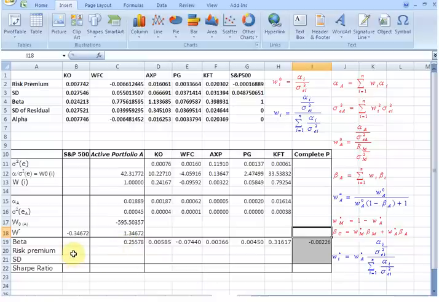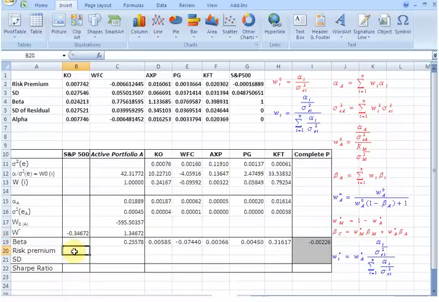Let us also now figure out the risk premiums, because eventually we want to find out the Sharpe ratio, and the Sharpe ratio is nothing but risk premium divided by the standard deviation. So we are going to have to figure out the risk premium for our passive portfolio, active portfolio, and the complete portfolio, and then we need to figure out the standard deviation for all these three portfolios, so that then we can calculate the Sharpe ratio to compare the performance.